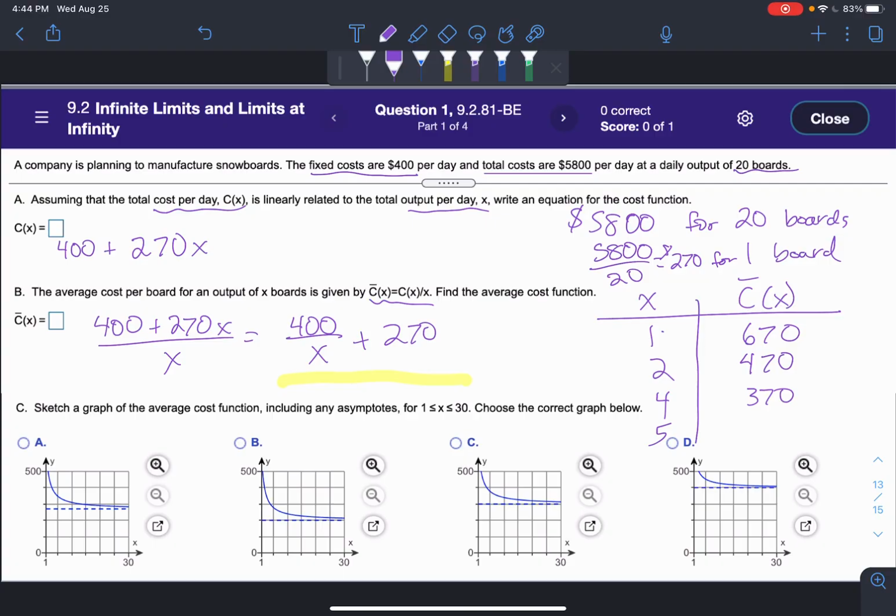All right, so we can kind of see this trend where we started out high at 670, and then as my x gets larger, we notice that it's starting to decrease and almost taper off, perhaps, and that's kind of suggested by the graph options you have. So let's find the ones.